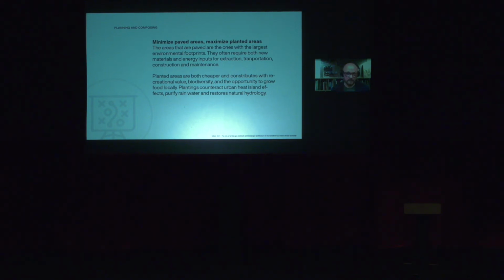They require a lot of materials, they require a lot of energy input for extraction and transportation of materials, for construction and maintenance of these pavings and surfaces. Whereas plantings are actually storing carbon. They are actually restoring nature. They're cheaper, but they also add to biodiversity. They counteract some of the negative effects that we see, in particular in urban areas. The phenomenon known as urban heat island effect.